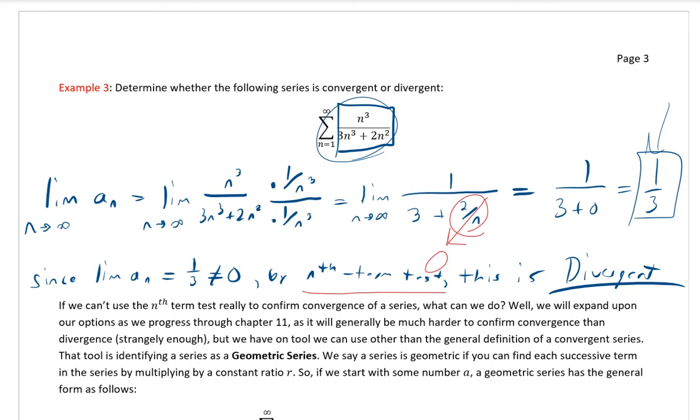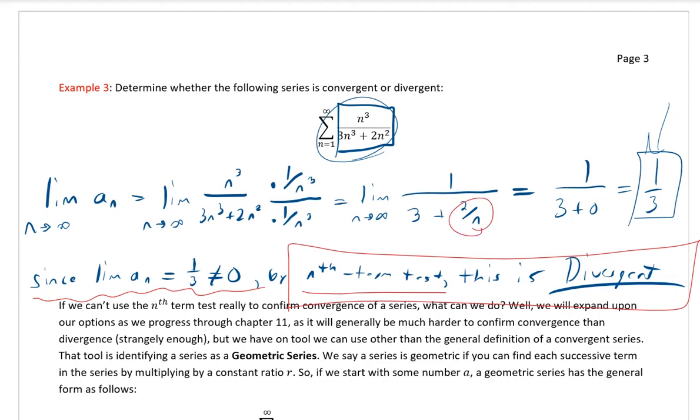You could probably, even with this problem, have just cited that once you got to 1/3, but this adds more context to it, making sure you understand exactly what the Nth Term Test does. So this 2 over n then went to 0.